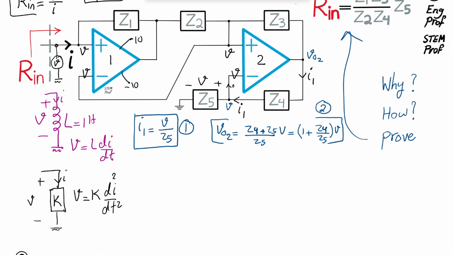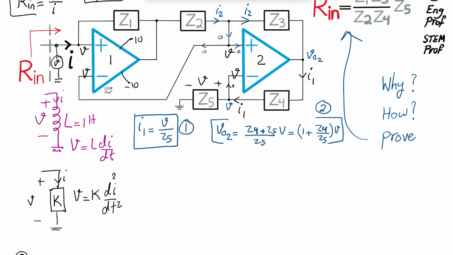Okay, what's the use of this? Well, I can then find the current that is going this way. Let's refer to this current as I2, which is the same as this current. The reason is there is no current that can go this way, because this way goes to two inputs, the positive terminal of op-amp 2 and the negative terminal of op-amp 1, each of which has zero current because of the practically infinite impedance these inputs have.